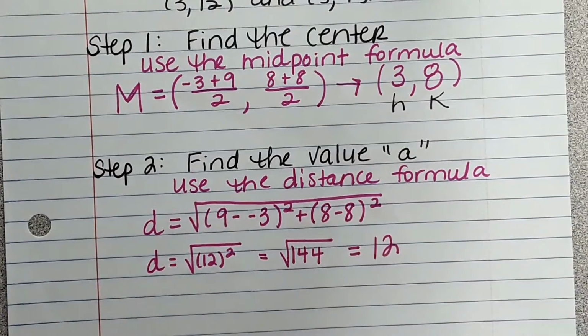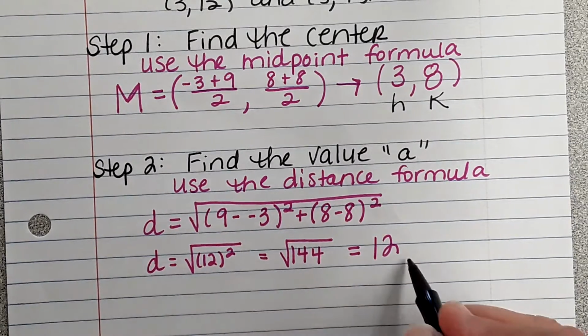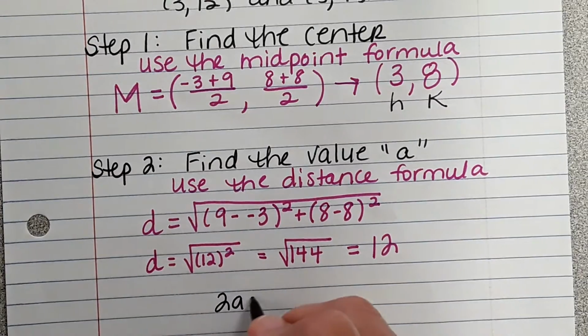Okay, yesterday we learned that the length of the major axis is 2a. So the length of the major axis is always equal to 2a. Well, our length is 12, so 2a equals 12.